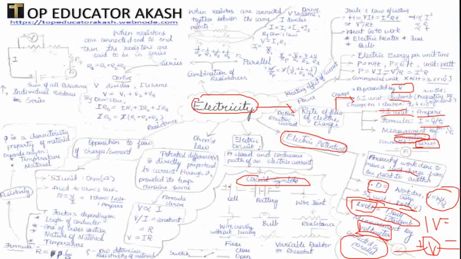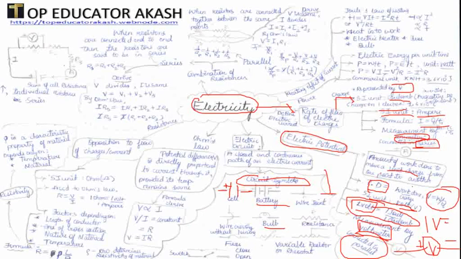The symbol for a cell, you can observe here, is the battery. The wire joint means the wires which are connected. It is the representation symbol. And wire crossing without joining means they are not connected, they are just passing over.